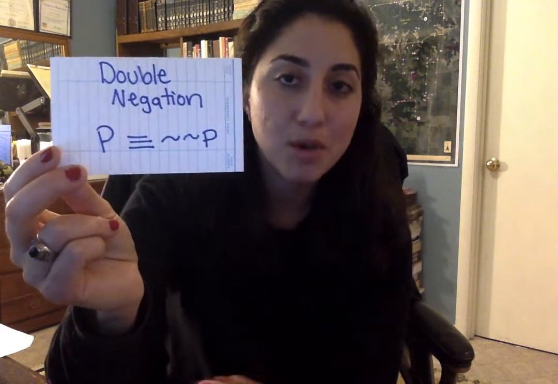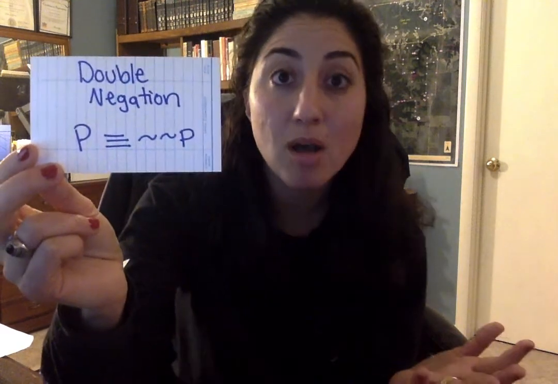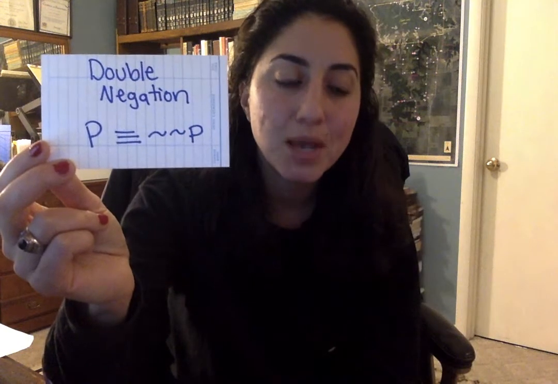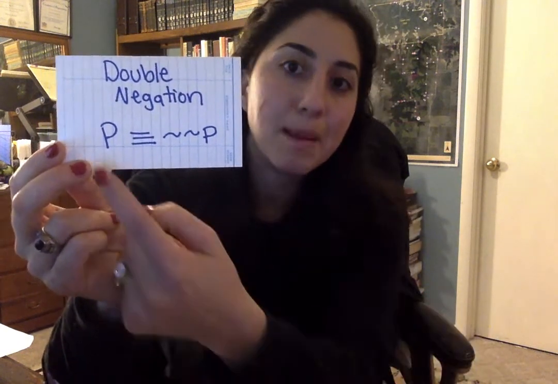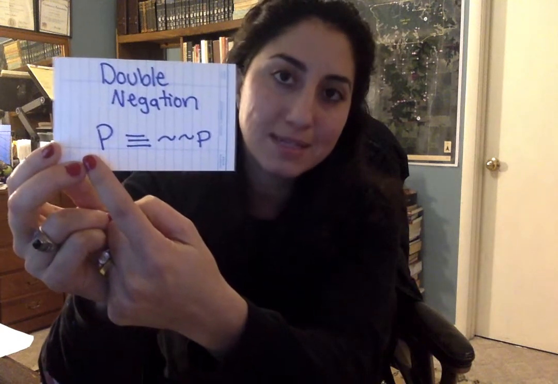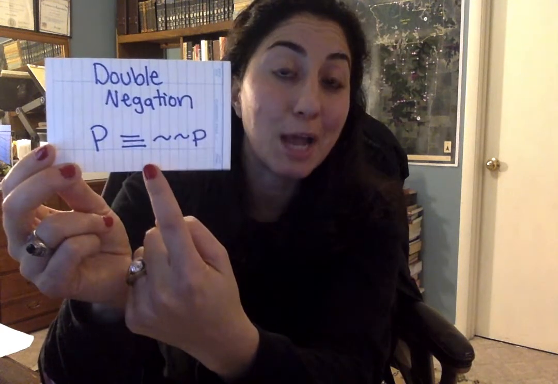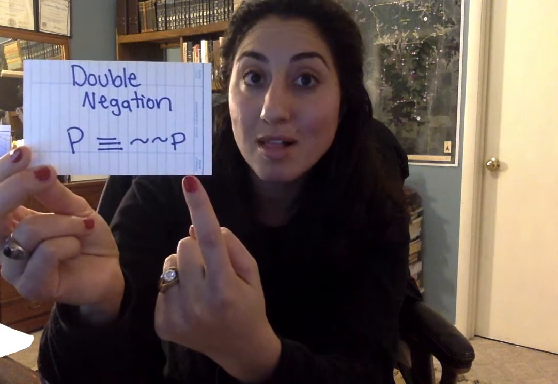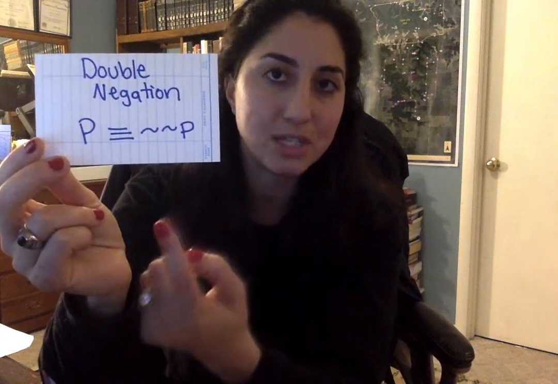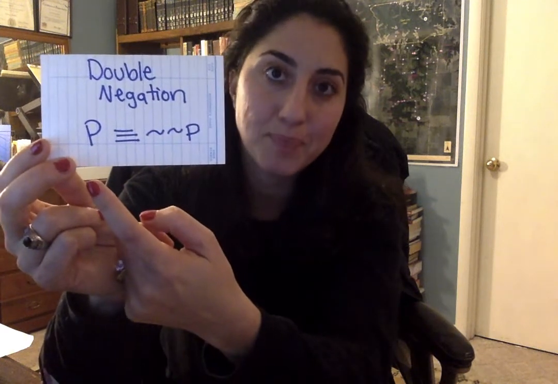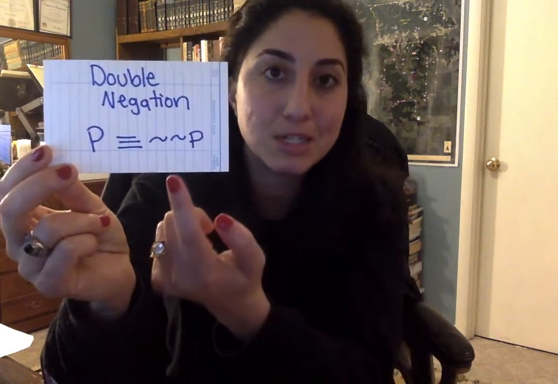If you ask me, am I married to Paul, I would be giving you the same answer whether I said I am married to Paul, or if I said it's not the case that I'm not married to Paul. Now, I am saying something differently when I do the double negation as when I say it directly. There might be a reason I'm being indirect.